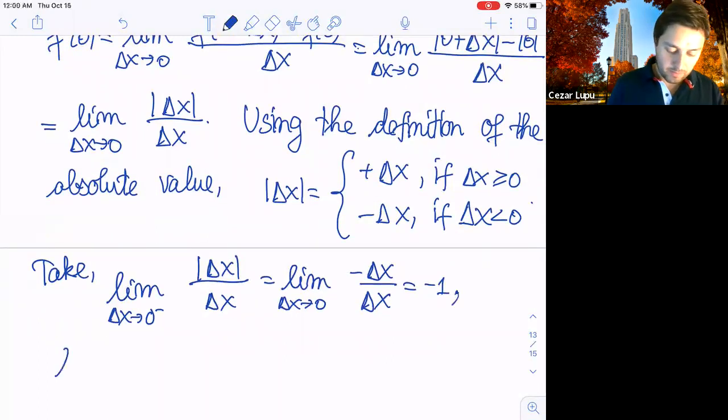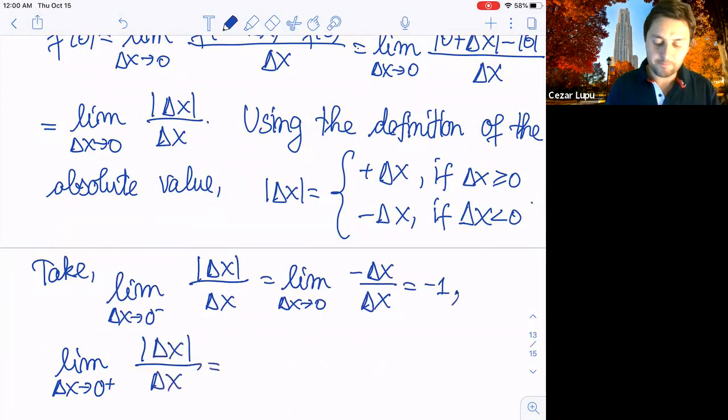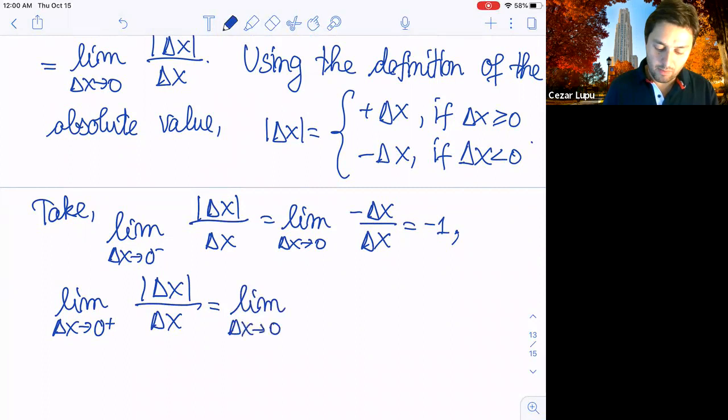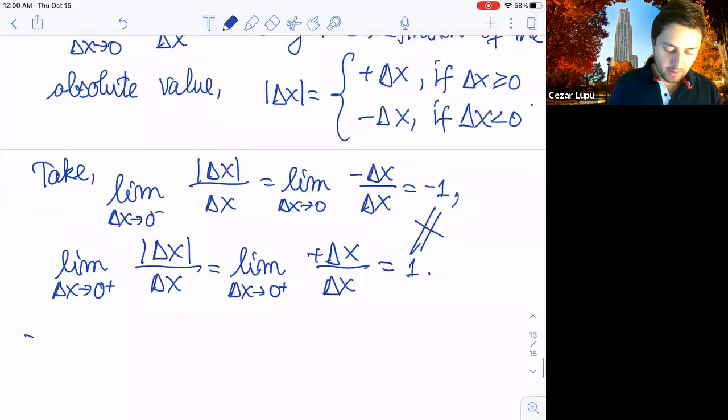And also the limit as delta x approaches 0 from the right of the absolute value of delta x over delta x. This will be nothing else than just the limit as delta x approaches 0 from the right of positive delta x over delta x, which is 1. These two are not equal, so therefore the limit does not exist.